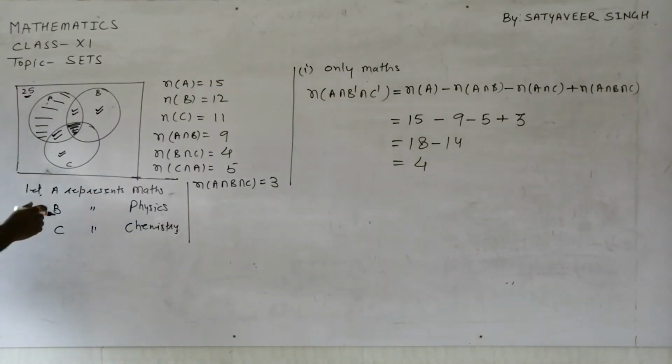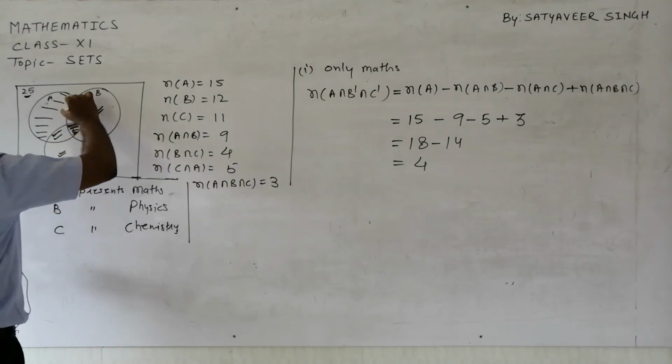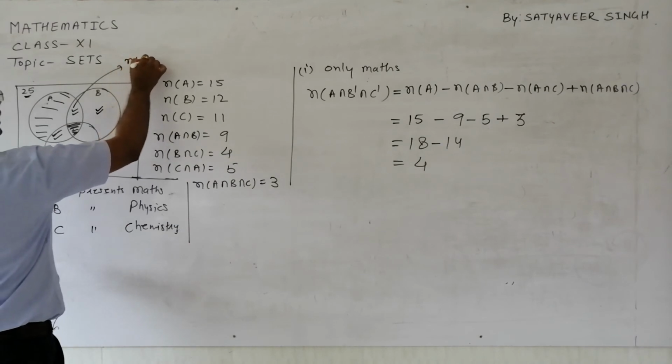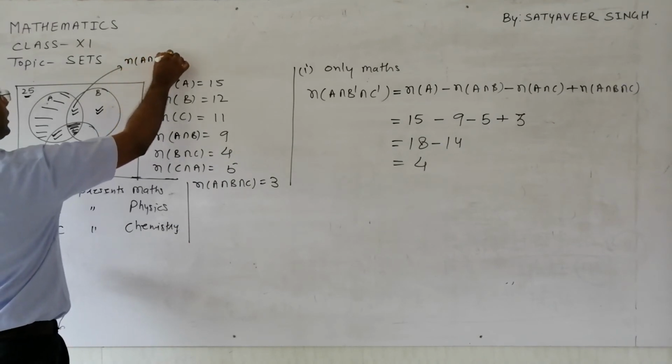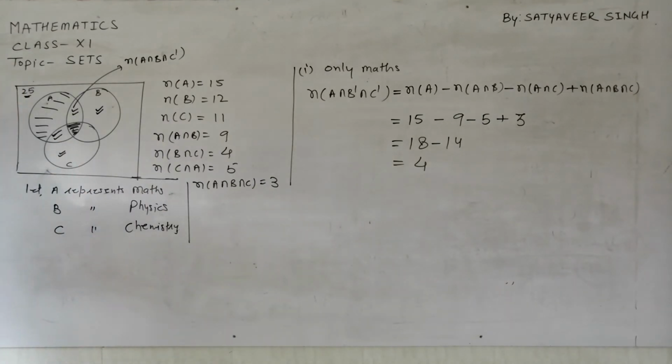If suppose we want to find the number of students who like mathematics and physics, it means A intersection B intersection C complement. This we want to find. So you can calculate this.